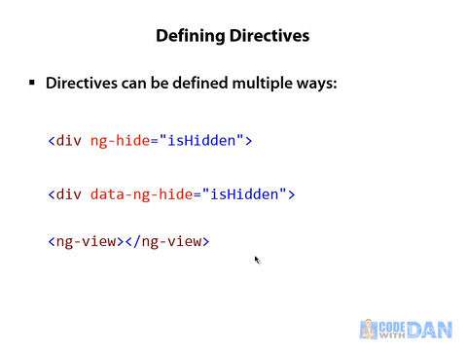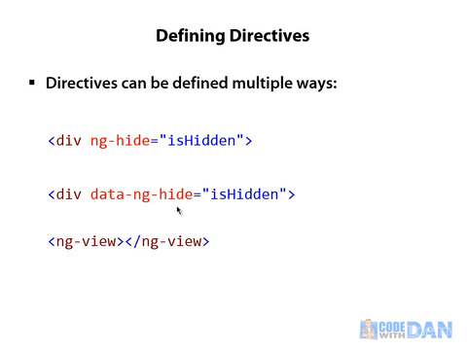First off, most directives are used as attributes. And so you've already seen this in the earlier demonstration I showed in the beginning of the course. But ng-hide, for instance, which we'll see a demo of coming up shortly here, can actually bind to a property, in this case isHidden, to determine if a div should be shown or hidden. You can also add data- on the front of these if you'd like.